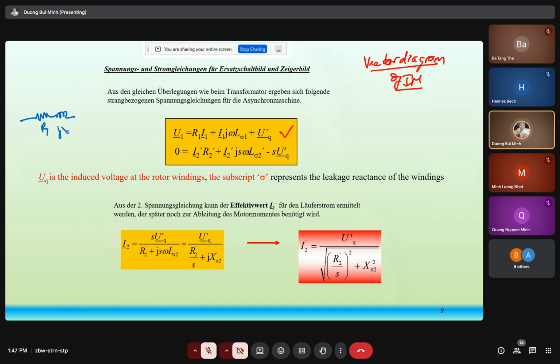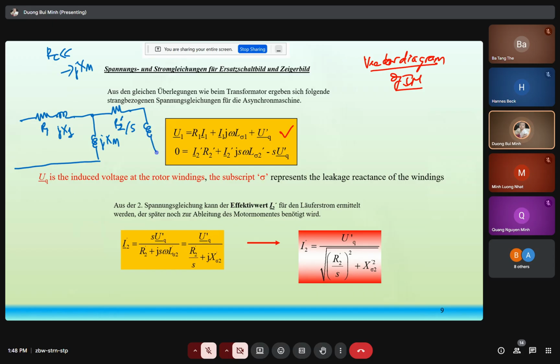This one is jX1. Normally we don't have Rc because Rc is very high, so we only consider jXm. So this one is jXm. This one is R2' over S.